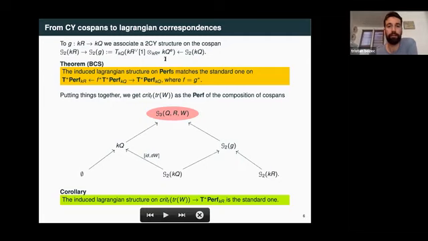So I recall the definition here. It won't matter in this talk, but the fact is that the induced Lagrangian structure that you get taking the perfect modules over these dg-algebras matches the usual standard one on such a Lagrangian correspondence. F here is just the pullback of g, which is what I call the restriction to a smaller quiver.